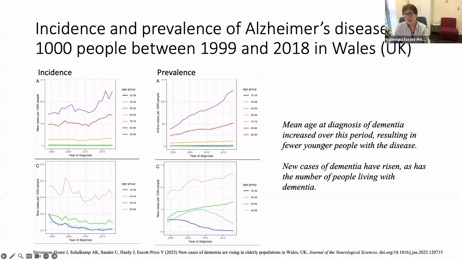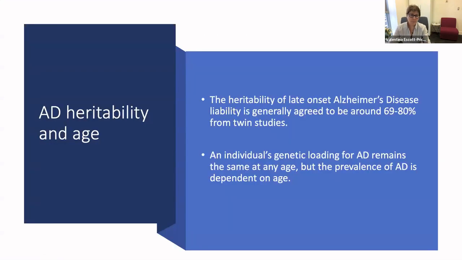So people are being diagnosed later, perhaps because they have a better lifestyle and don't show the symptoms of dementia and Alzheimer's disease until a later age. Also, new cases of dementia have risen, and people with dementia are also living longer. All this brings about growth in incidence and prevalence in the population.